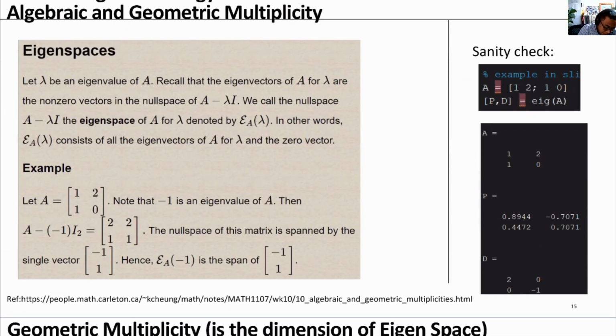Now, given A, let's assume lambda is an eigenvalue of A, and we can find the eigenvectors of A. The eigenvectors satisfy A x equals lambda x, and therefore we get (A minus lambda I) x equals 0. The non-zero vectors x are the eigenvectors, and simply it is the null space of this solution.